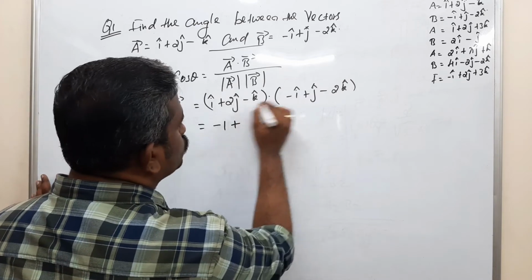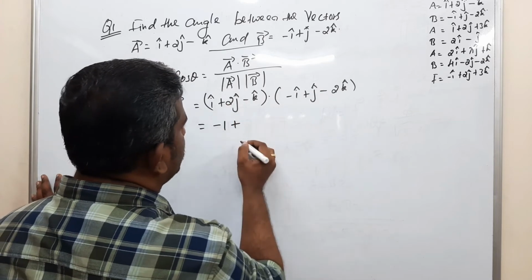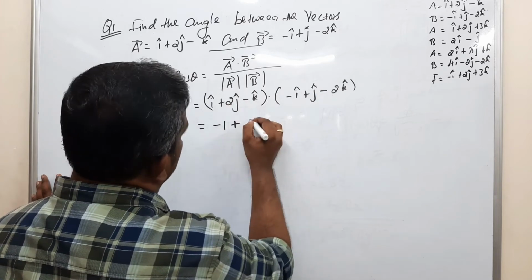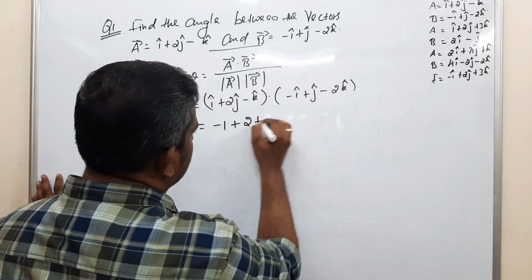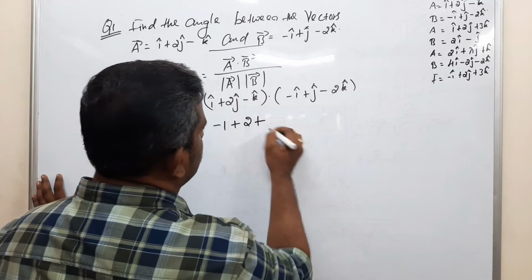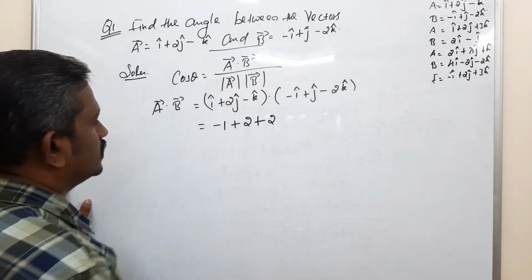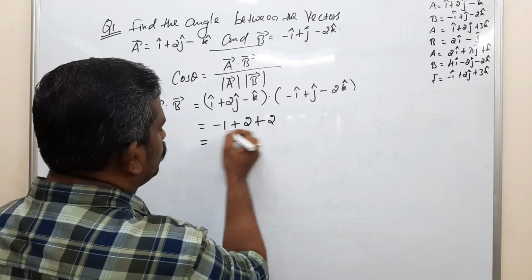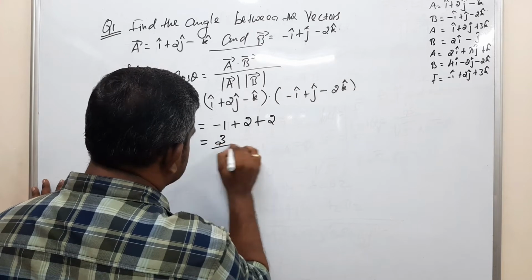Then plus 2 into 1, that is 2, j cap dot j cap is 1. Then minus 1 into minus 2 is plus 2, k cap dot k cap is 1. So that's equal to 4 minus 1, so we will get 3.